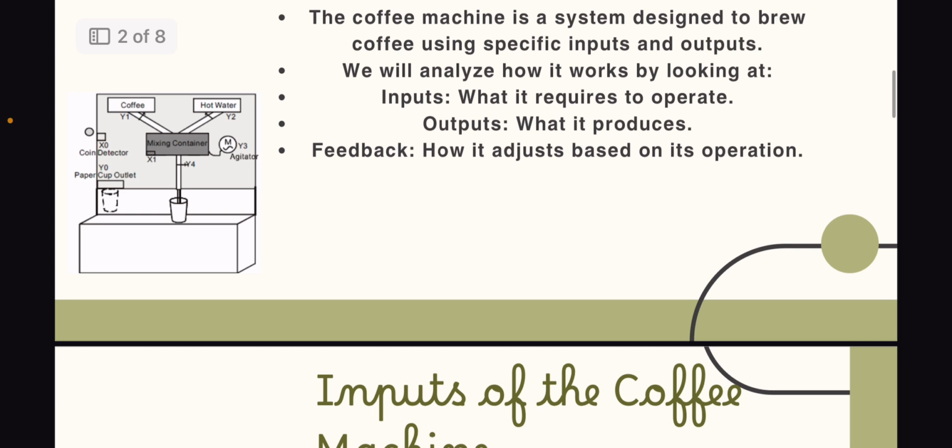Outputs of the coffee machine. The output is freshly brewed coffee. The output is the final product, the result generated by the system after processing the inputs. Once the brewing process completes, the machine dispenses hot coffee into a cup or carafe.